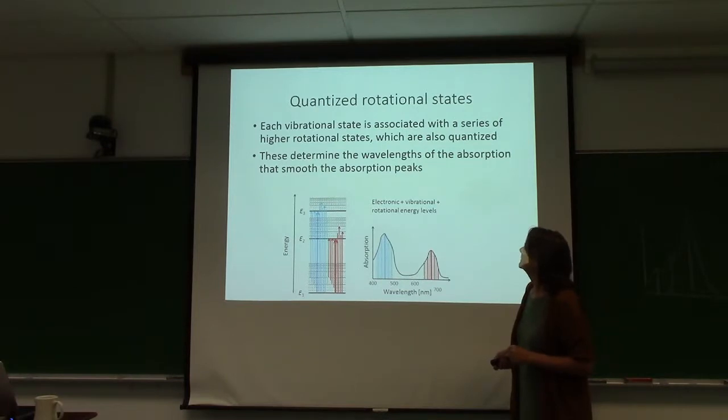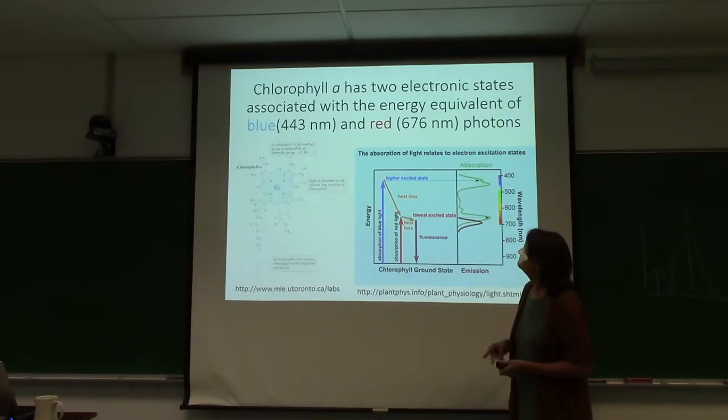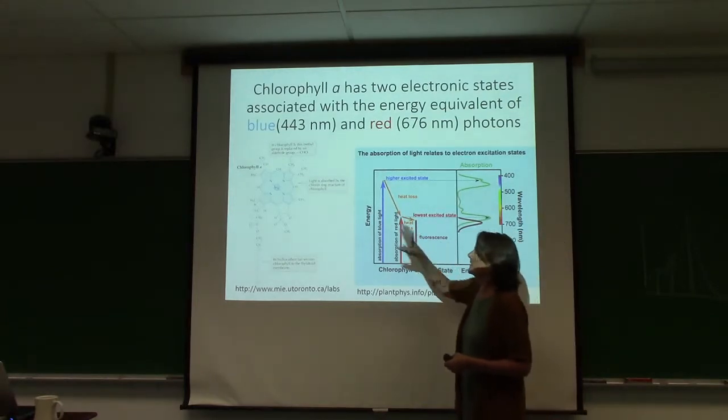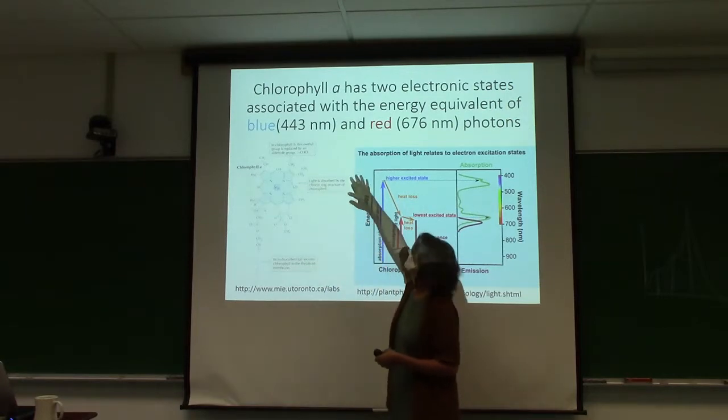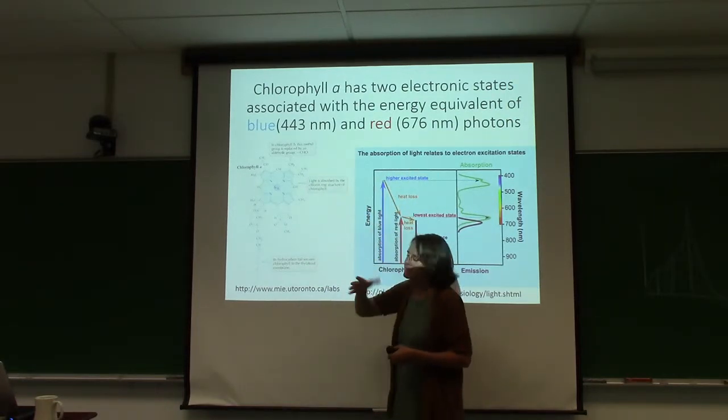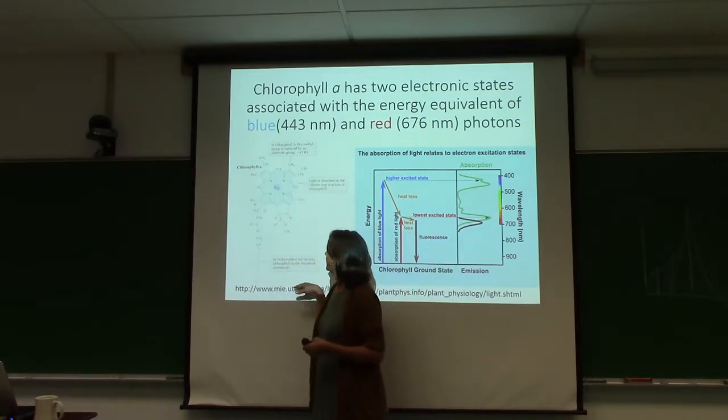Okay. All right. So chlorophyll has the two electronic states. One's associated with the energy of a blue photon at about 443, and one with a red photon at about 676. And again, it depends on if it's in the cell or if it's in extract. This is the chlorophyll molecule.